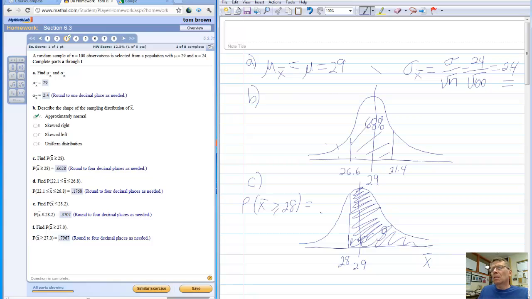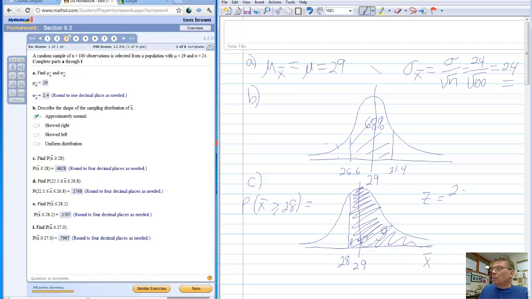Now, it's hard to figure out how much area is underneath the curve or is shaded. So we want to convert this problem to a problem that involves a z-value. We want to convert the x bar value to a z-value. We can do that using what's called the z-score. So we want to calculate the z-score for 28.